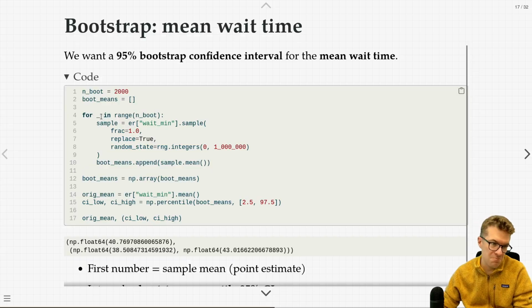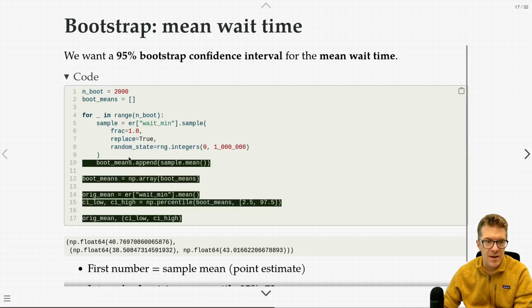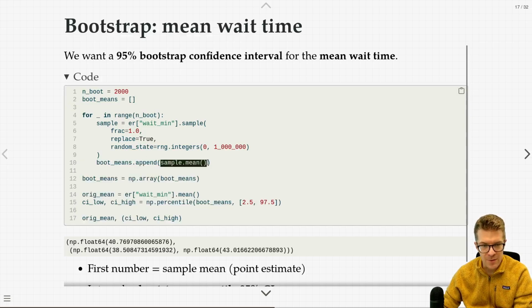So for nothing in that range, just take a random sample from the wait times with replacement and compute the mean, and then add, so here's the sample mean from that sample, append it to an ever-growing list of boot means, which initially is the empty list, but for each of my iterations, I'm just going to keep on adding the sample mean to that list of boot means.